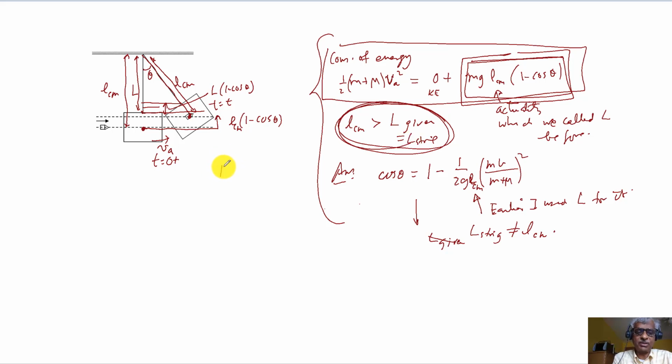So the assumption may be that L string is much bigger than the size of the block. That's one of the assumptions I would say. Okay, that should kind of clarify some of the things we worked on today.